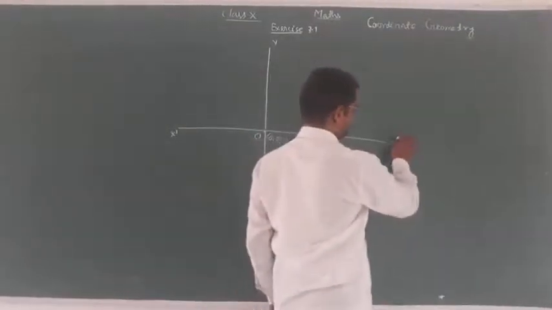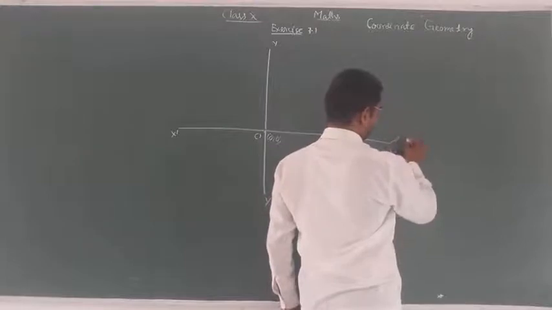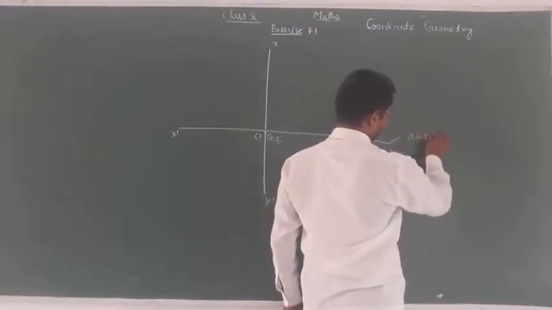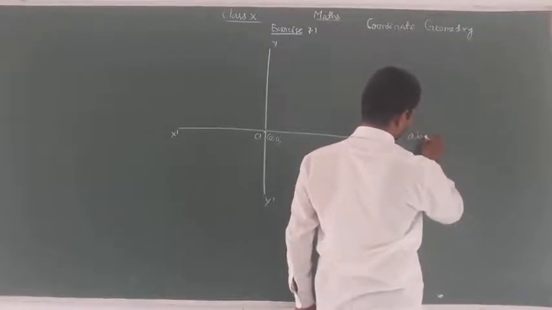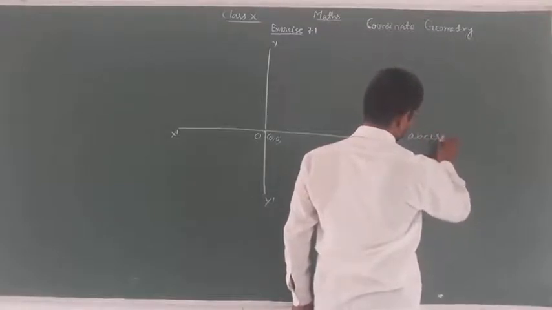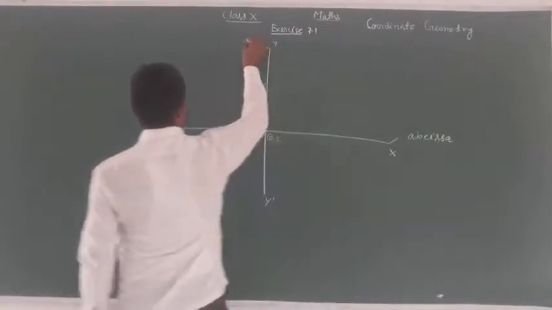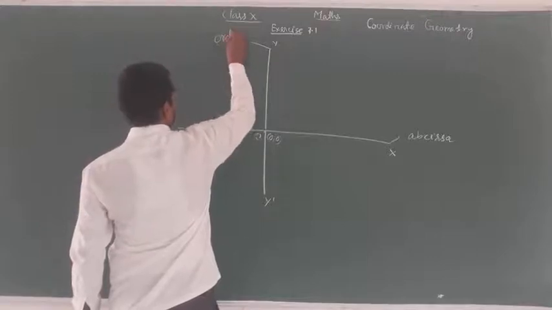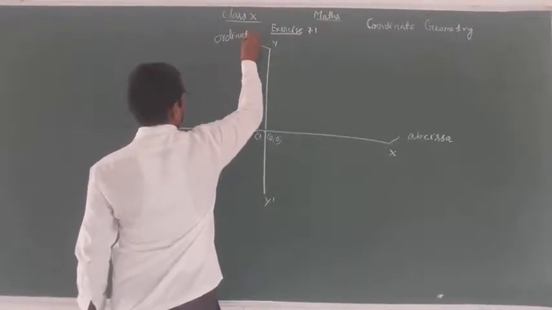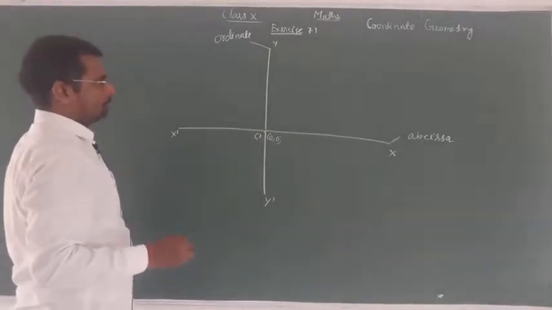On the x-axis, x is called the abscissa, and y is called the ordinate.